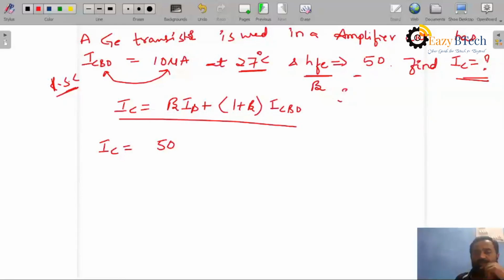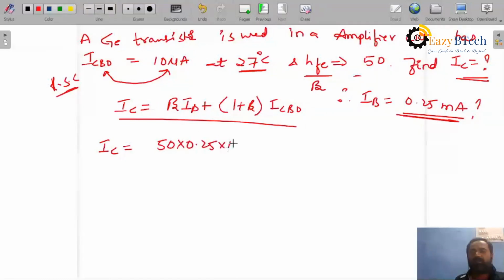Therefore, IB is 0.25 milliamperes. Now 50 into 0.25 into 10 power minus 3 plus 1 plus beta 50 into ICB0 10 into 10 power minus 6.